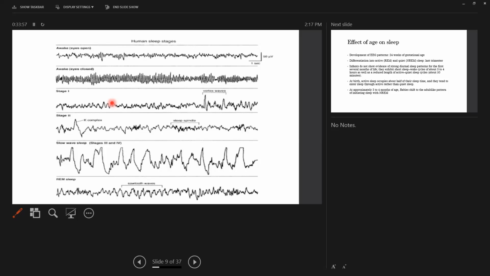When does night terror happen? Night terrors occur in NREM. In REM, we have REM behavioral disorders, for example where atonia is not there during sleep. Somnambulism, sleepwalking, happens in sleep.